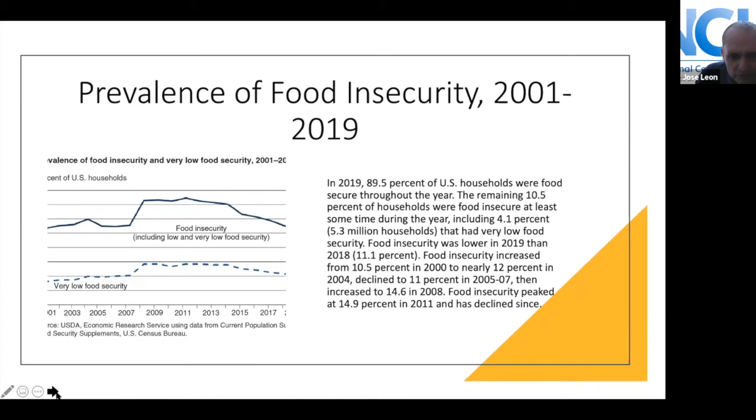But when you look at the numbers, around 5.3 million households had very low food security in the United States. So you can say, oh, it's just 4.1%. But when you translate the percentage to real numbers, we see that over 5 million households do not have access sometimes, or are food insecure. Next slide.